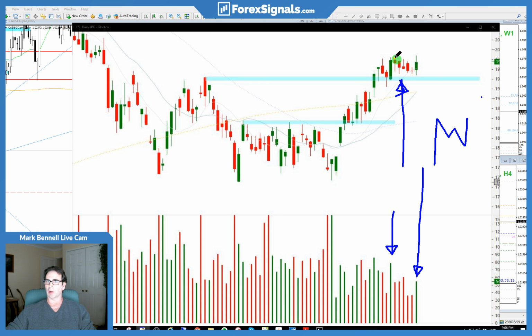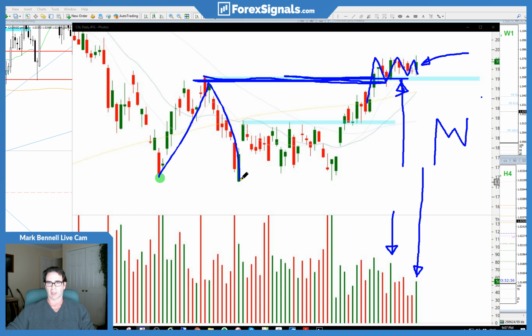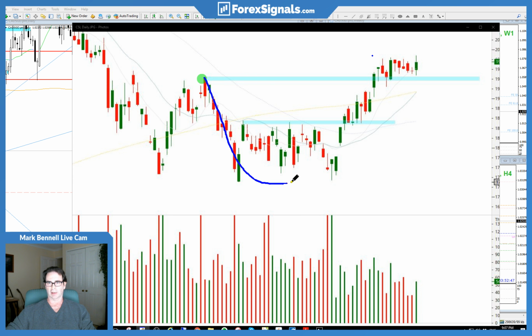The only thing I don't like about this is the close of this one. This is sitting on the high of the base. See it here? There's a little base inside, sitting on the high of the base. So this is our accumulation after the breakout.